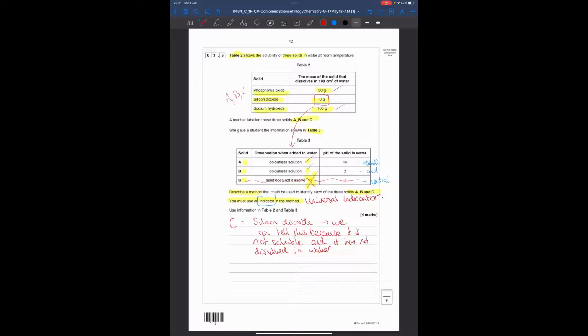So what we are going to have to do is use the pH. To figure out A and B, we can use universal indicator.